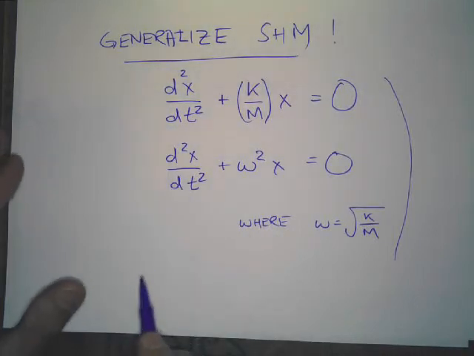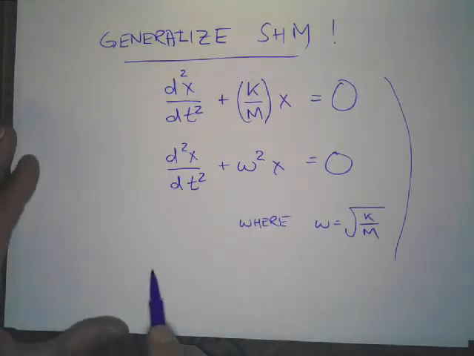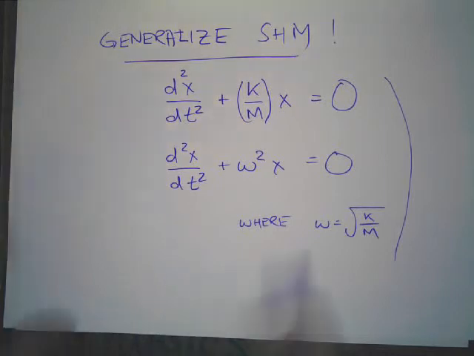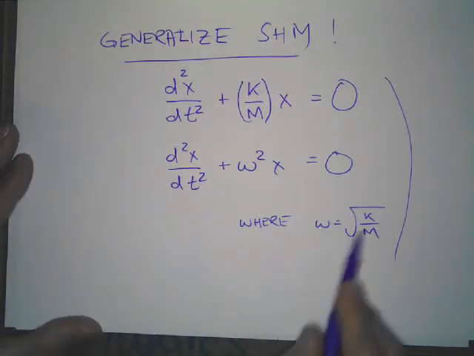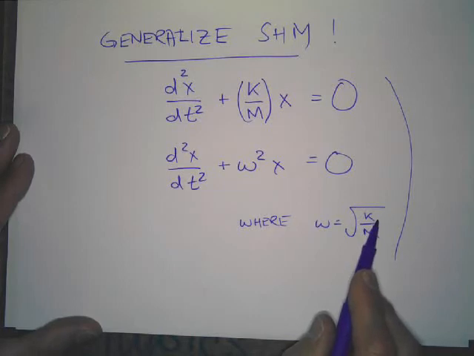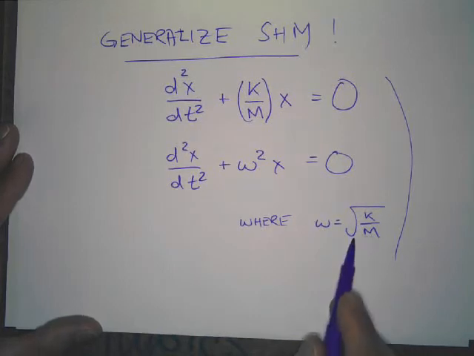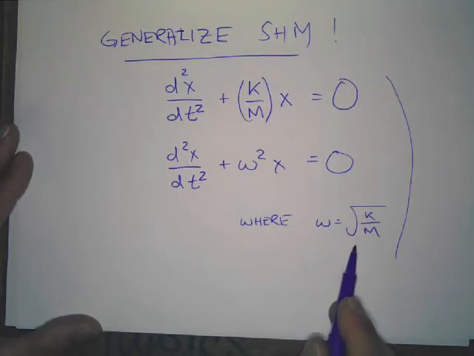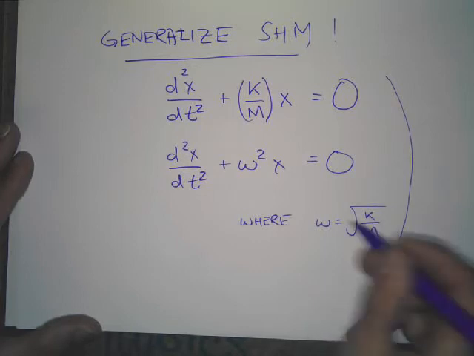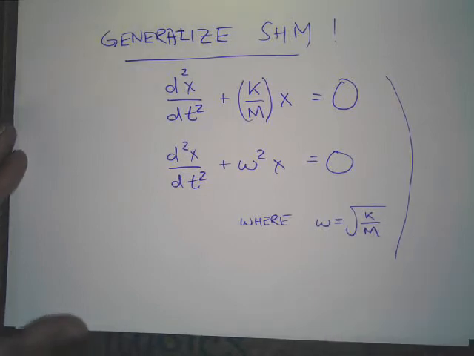You really have to know that omega is related to the constant and the mass through the square root function. That pops up a lot, and if you've been doing your homework this week, you'll see that this comes up quite a bit too. So this is one of those things where you really want to memorize it and know it so that you can respond quickly to questions about those three things.